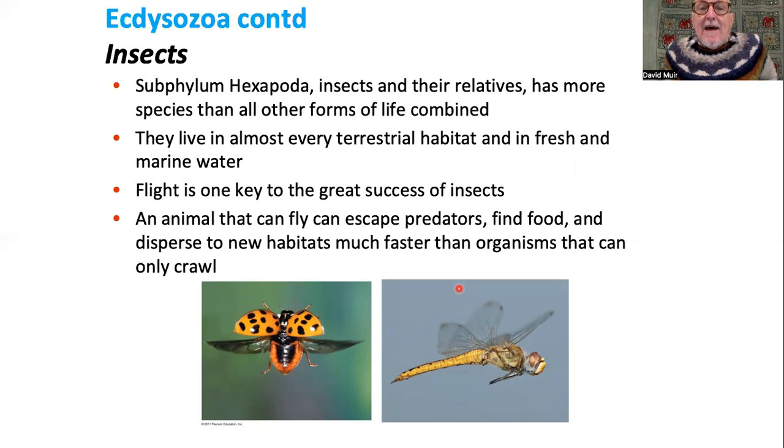There are more species of insect than of all other animal forms combined. And they live in many different habitats. Most importantly terrestrial, of course, but then also in fresh and in marine water as well.